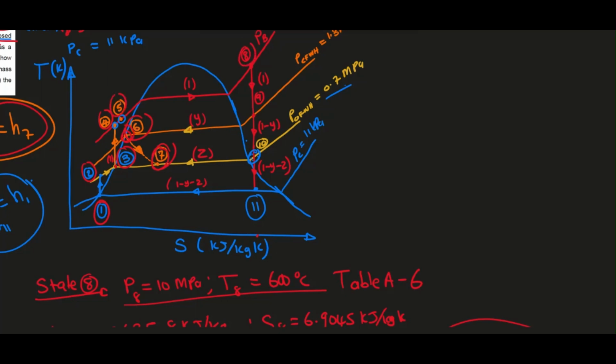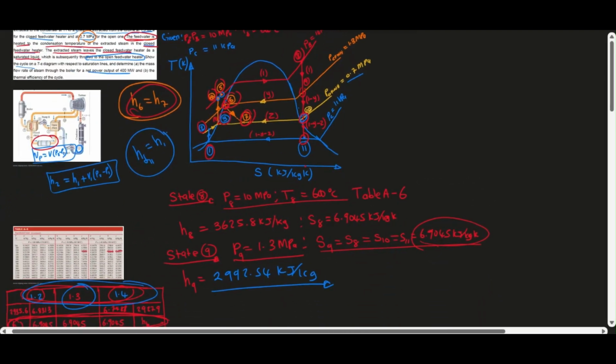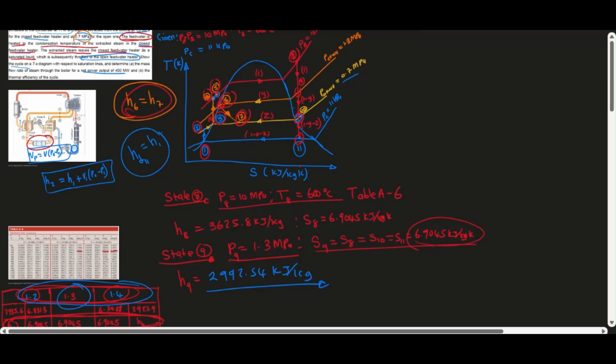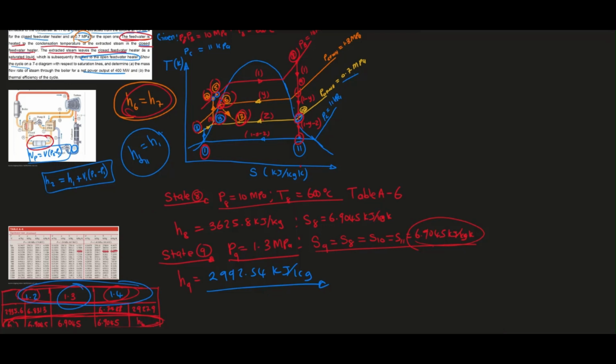We started with H8, we got H9, H10, H11. So all our states are now defined. So that's how you go about getting your enthalpy values and all your necessary properties to fix your state.